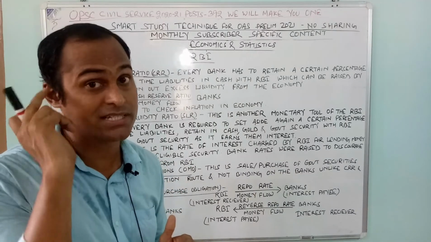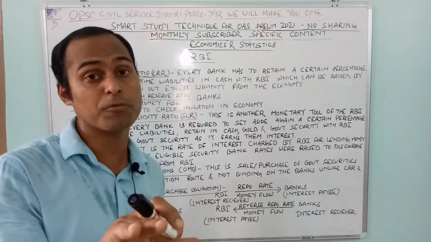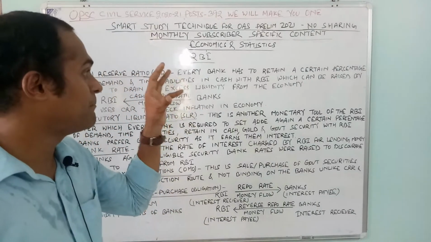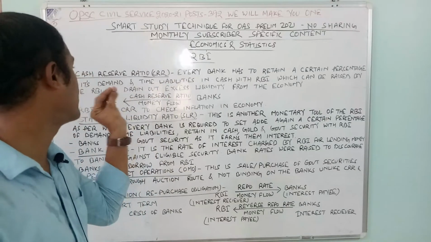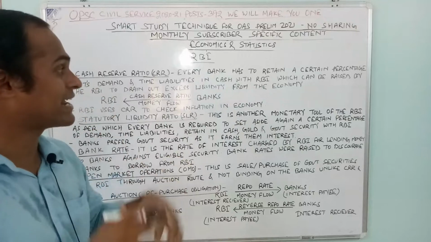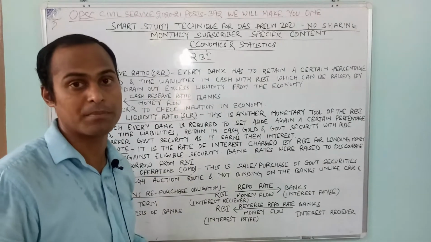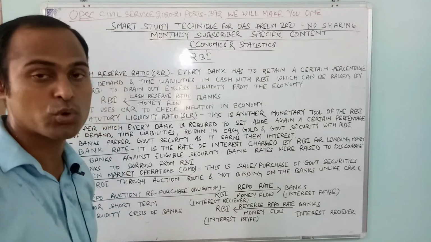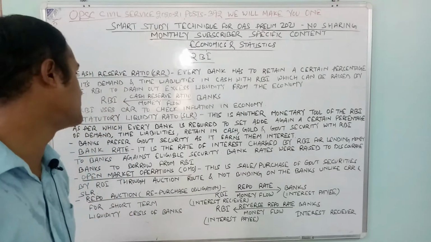In many recommendations it is said that 4% is the healthy level of inflation. So the banks have to keep certain demand and time liabilities with RBI, to drain out excess liquidity in the economy. When there is so much money chasing too few goods, there will be inflation.